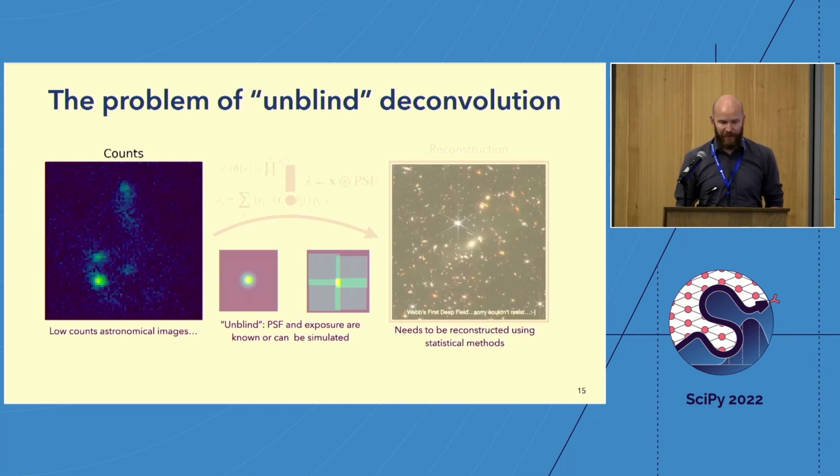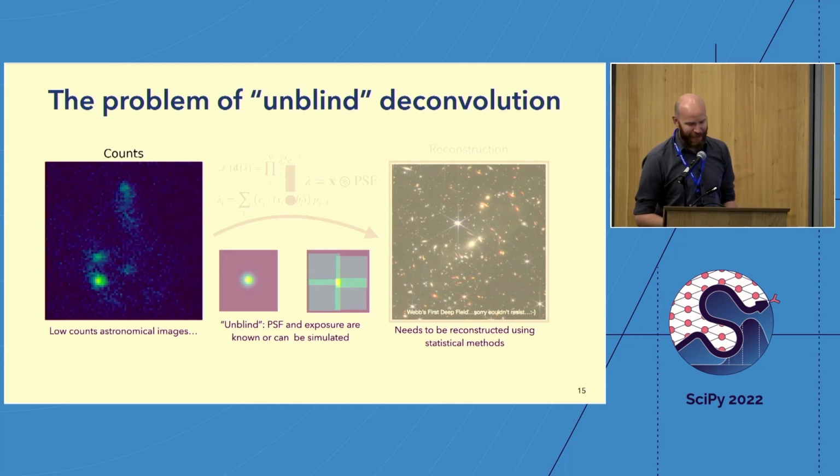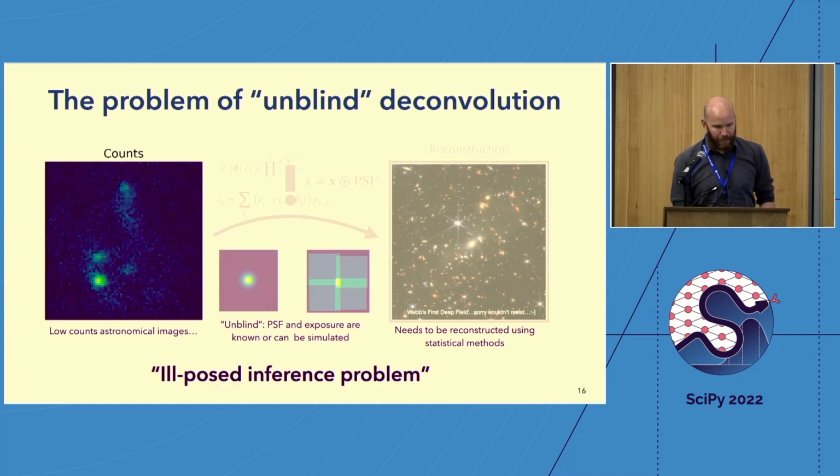And then we can use some fancy statistical method and retrieve, for example, a very nice deep sky image just from this Poisson data. Of course not, but I couldn't resist and just used one of these nice Webb first deep field images. But the goal is, as I said, to reconstruct the image using statistical methods.